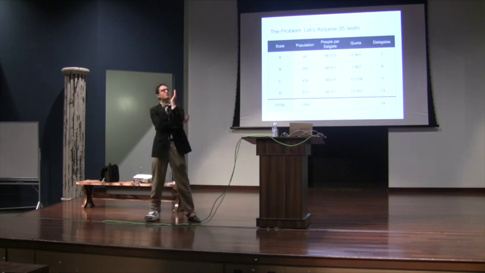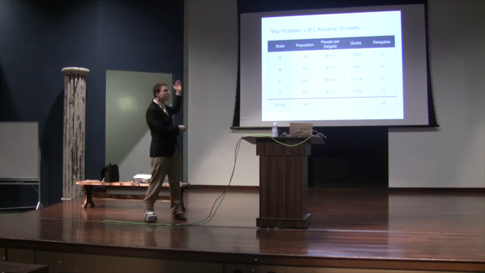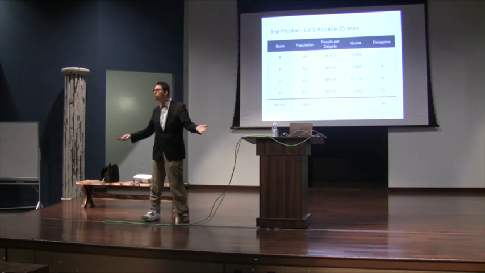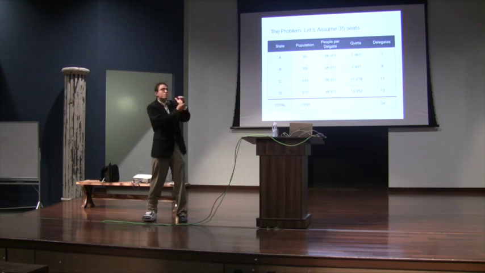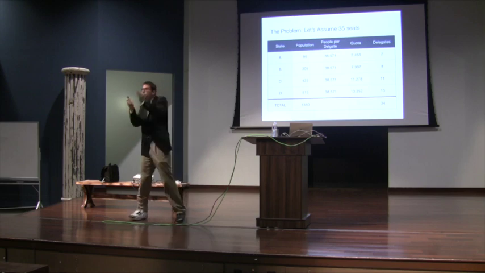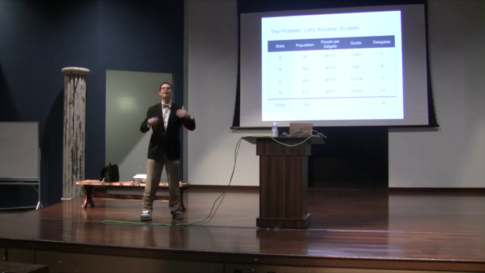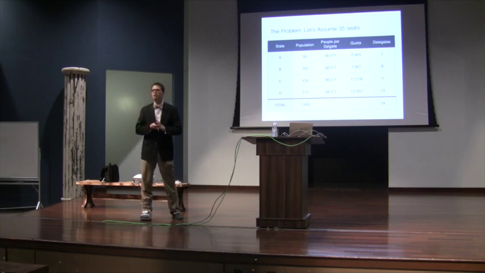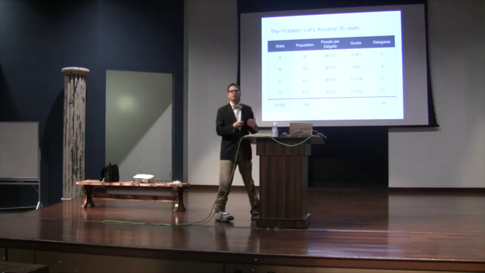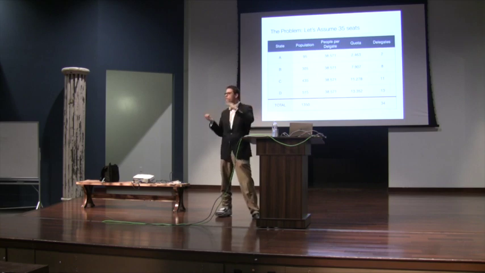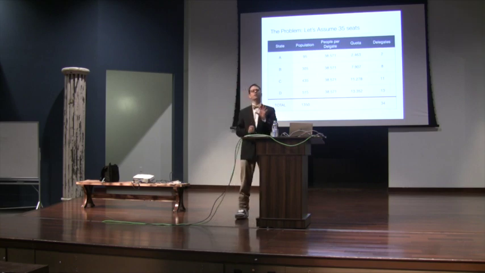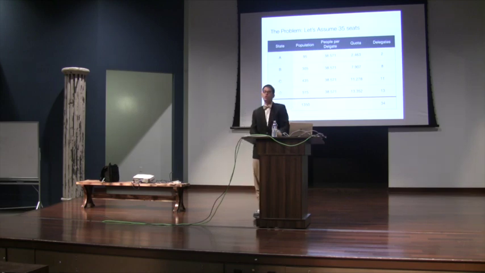So if you're going to say there's 34 representatives, you're going to have to go back and do another reapportionment, because now you should have a certain fraction, not of 35, but of 34. And when you do that, you might compound the problem. In fact, it can be shown that in some examples, you just bounce back and forth between 34 and 35. So it does no good, even from a legislative point of view, to say, let's just change the House size. We could do it, but it may not solve the math problem.